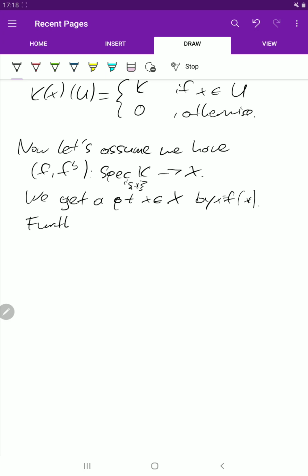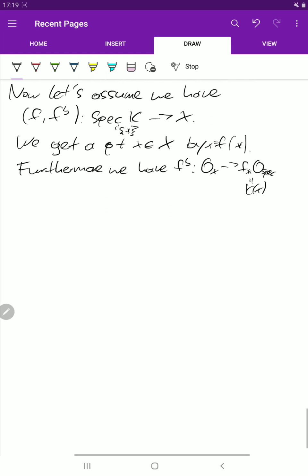Now we also have this map of sheaves, so we have two different ways to write it. And that's just the skyscraper sheaf.